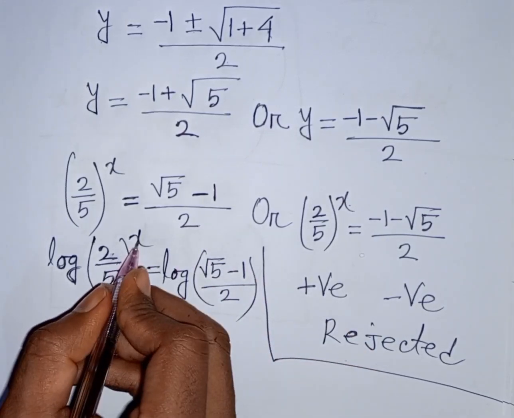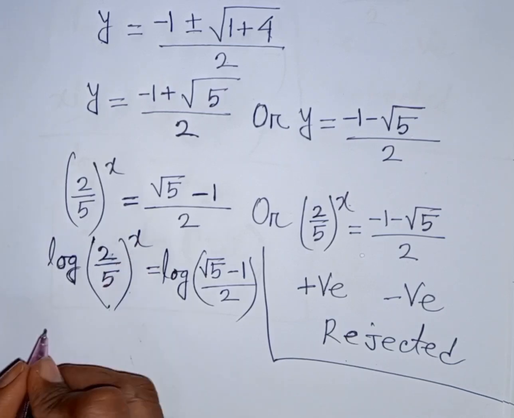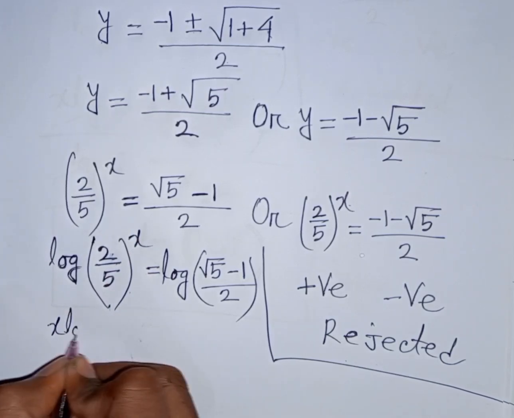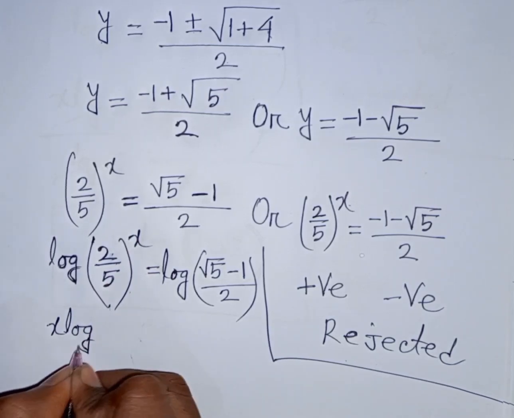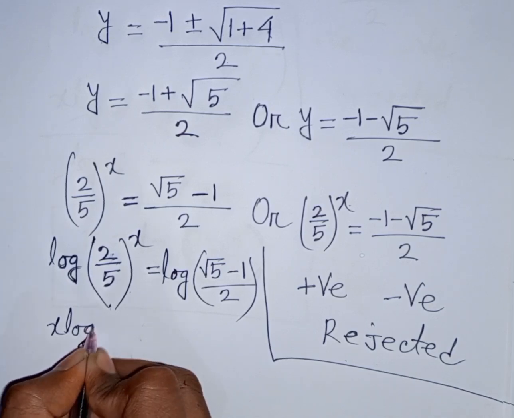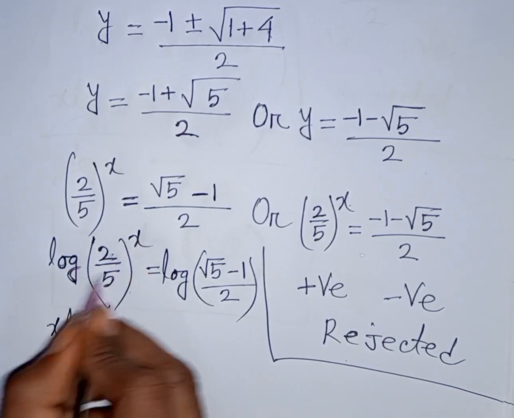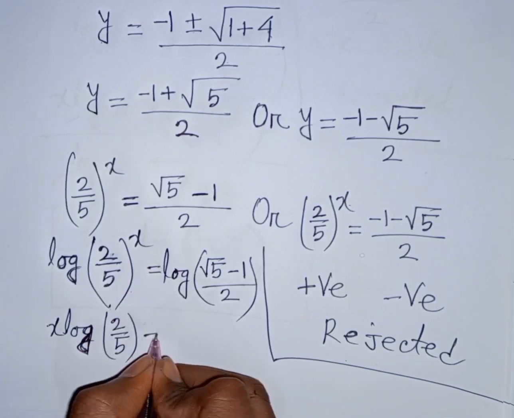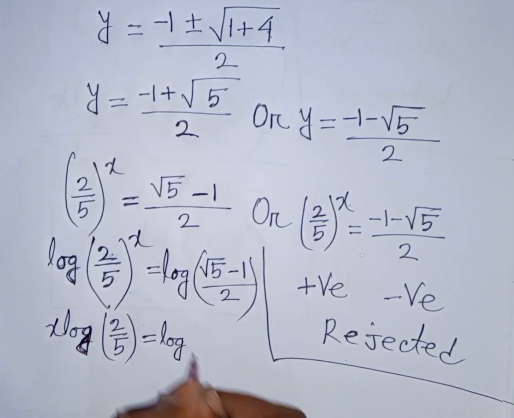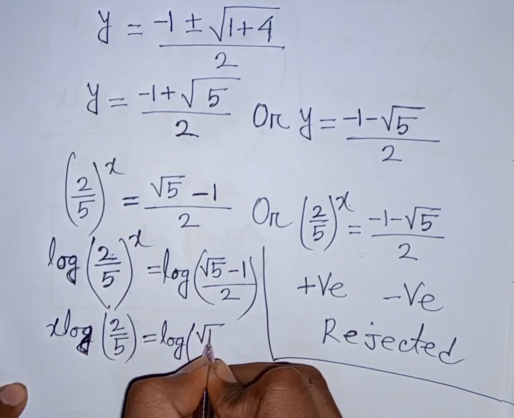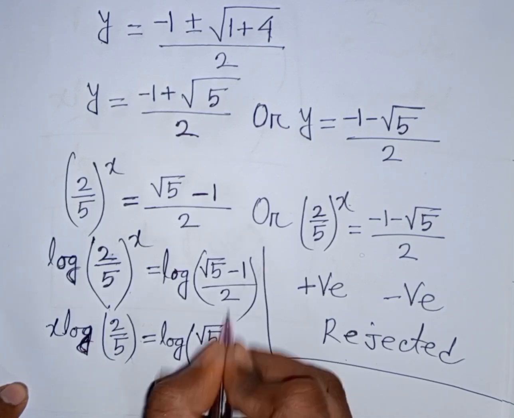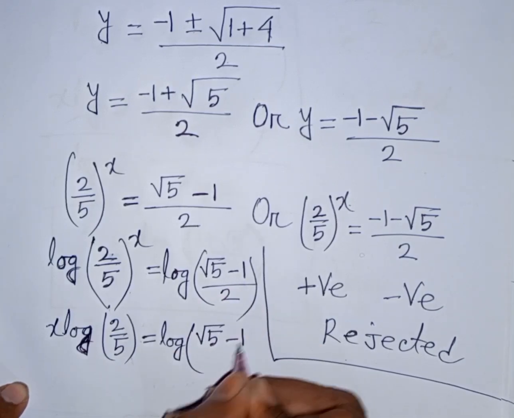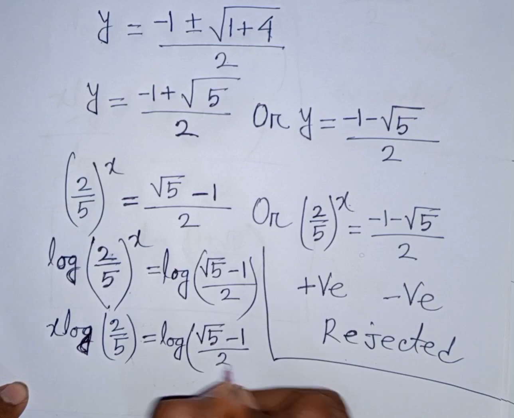Now this power x will move to the front, so you can write here x log 2 by 5 is equal to log of a square root of 5 minus 1 divided by 2.